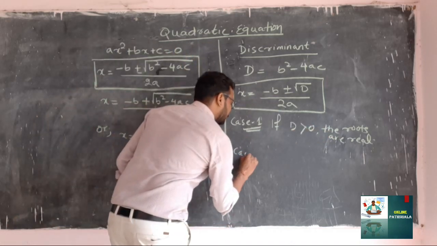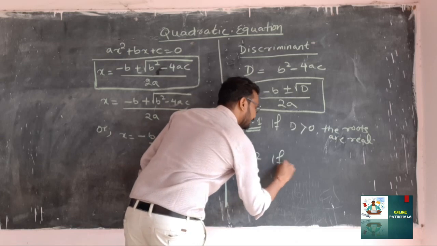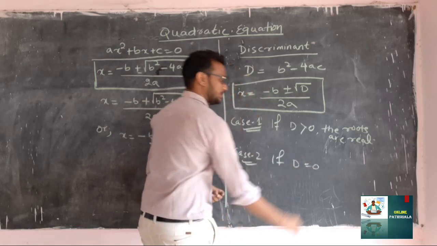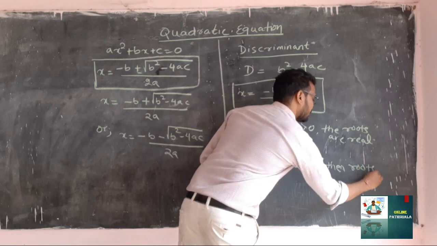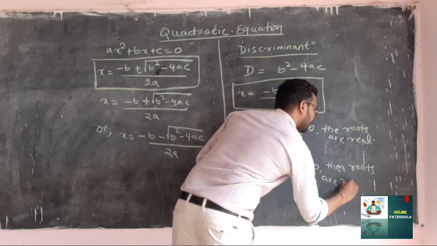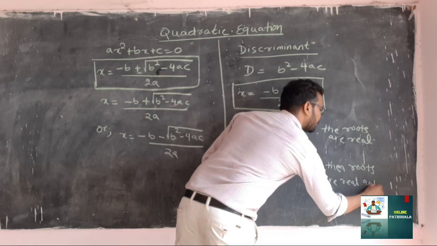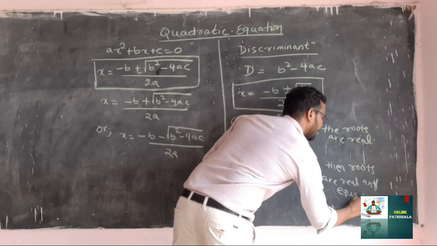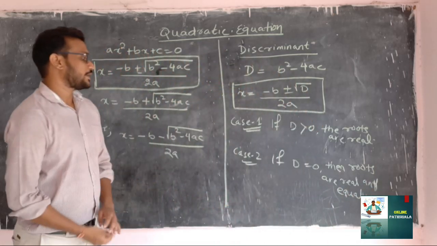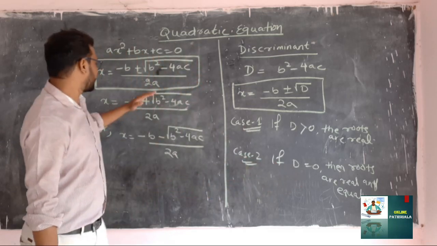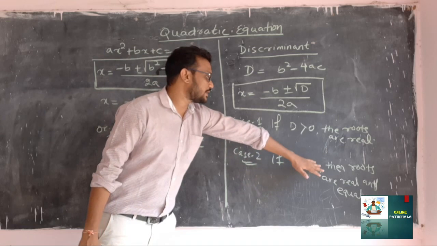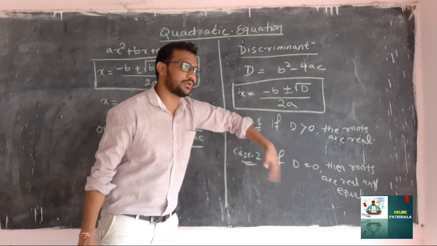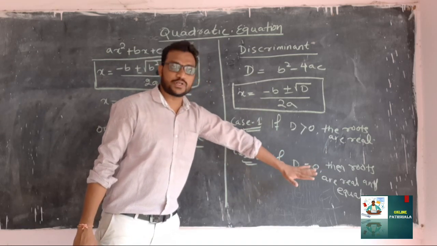In case 2, if D is equal to 0, then the roots are real and equal. In both cases the values of x are equal. This thing is very important. We are going to use these things many times during question-answer time.